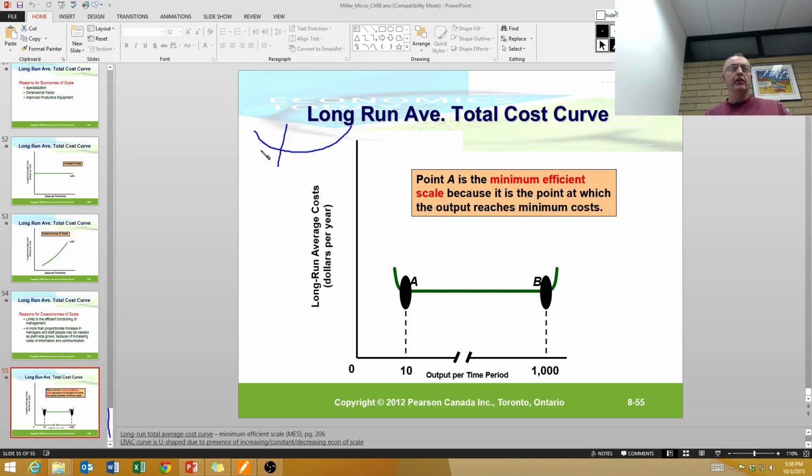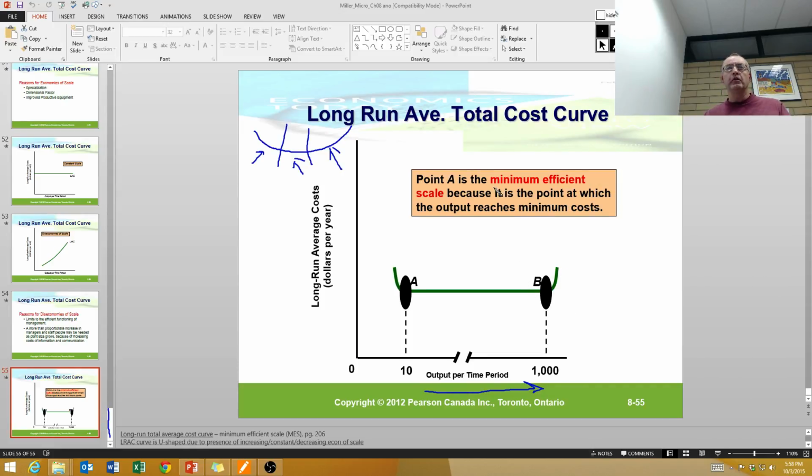Here we have increasing economies of scale. Here we have decreasing economies of scale. And then we have constant economies of scale in the center. So this means that as our potential plant size increases, our average total costs do not change.